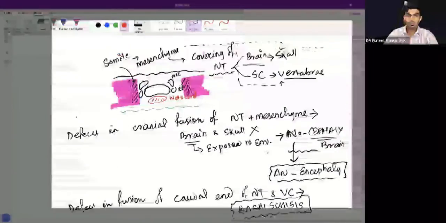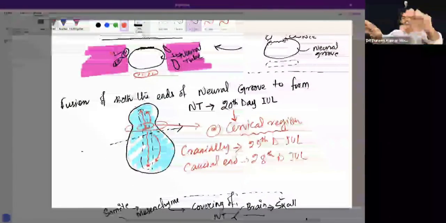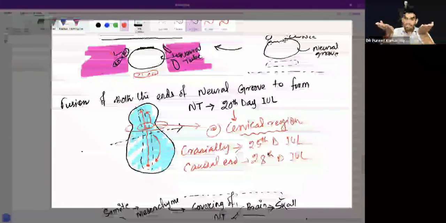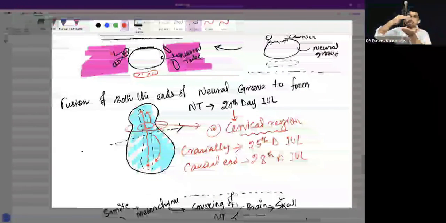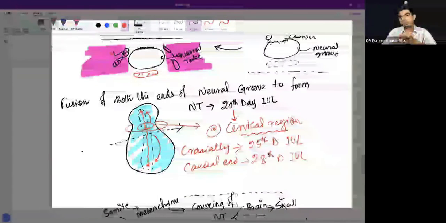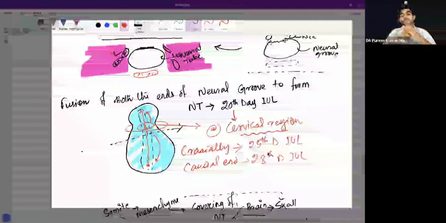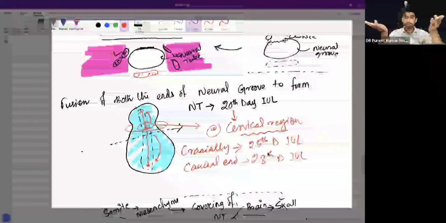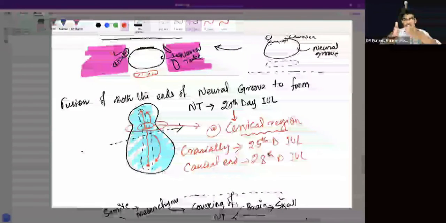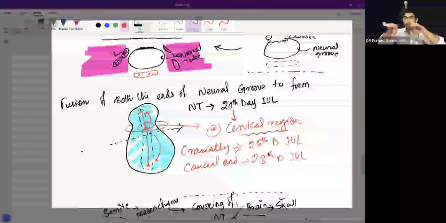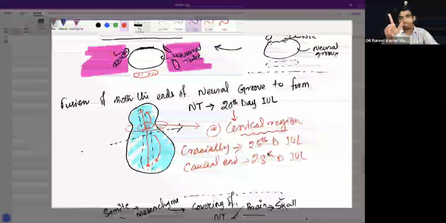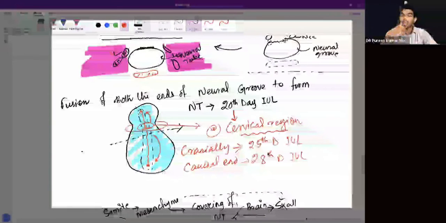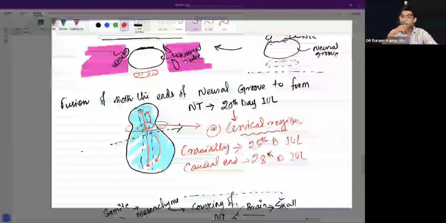Now look. When the neural groove invaginates to form the neural tube, it takes some part of the fluid which is present on the dorsum of it. And the fluid which is present on the dorsum of it is the amniotic fluid. Now, the neural groove invaginates into the mesoderm and then fuses at both the edges to form a single cavity. This cavity is called the central cavity of the spinal cord and the ventricles of the brain.